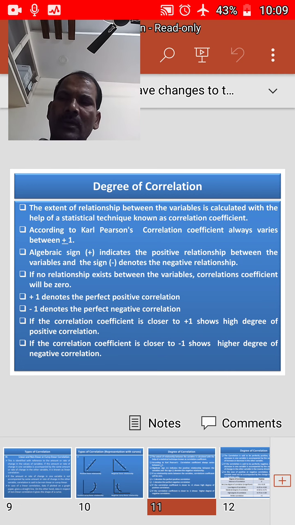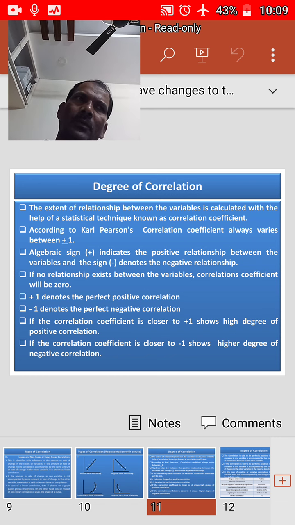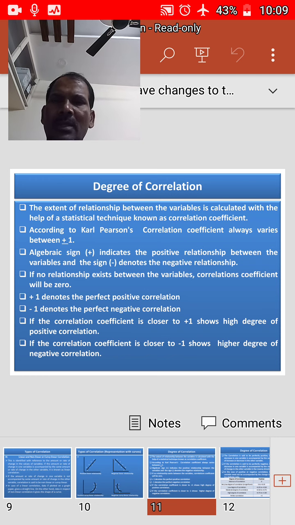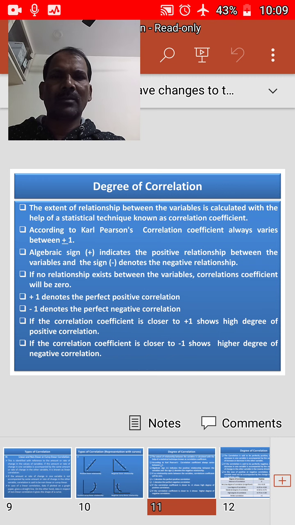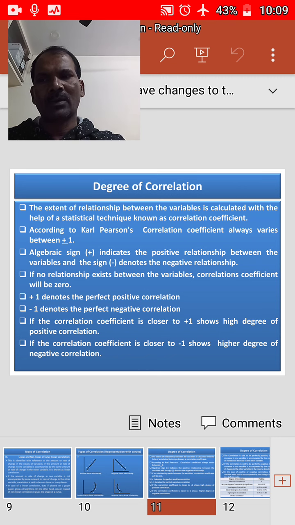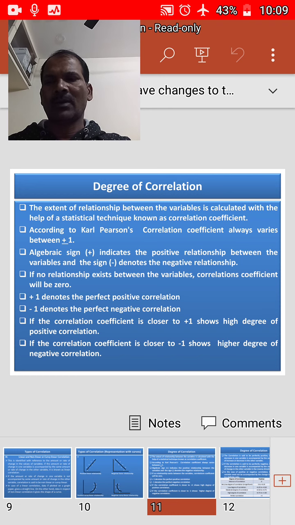If the correlation coefficient is closer to 1, we may say there is a higher degree of positive correlation, and on the other hand, if the correlation coefficient is near -1, we may say there is a higher degree of negative correlation, as it moves along the continuum between +1 and -1. Reaching near +1 means a higher degree of positive correlation; reaching -1, a higher degree of negative correlation will exist, right?